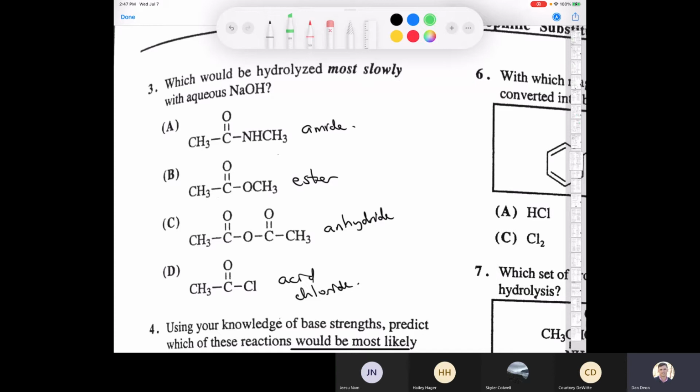If you remember, in that chapter, we started out by talking about acid chlorides because they're the most reactive. Then we went to anhydrides because they're the next most reactive. Then we went to esters, and the last one that we discussed was the amide. We said these are very unreactive. It's not very good chemistry trying to do the hydrolysis of an amide in base. We said you can do it, but it requires really forcing conditions because amides are so unreactive.